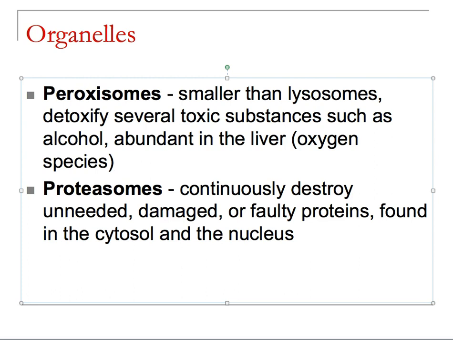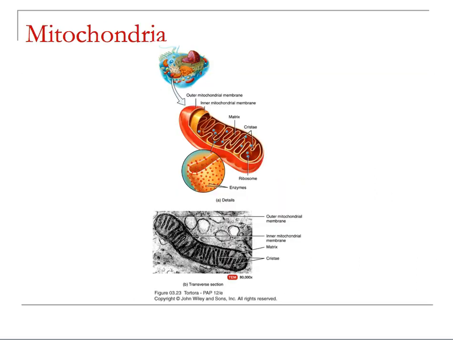A couple more ideas here before we actually get to how the nucleus works, and then we get to gene expression. The first, of course, is going to be the mitochondria. Everybody knows it as the powerhouse of the cell, but what you need to understand is that it's an autonomous organelle. It has its own genome. It is utilizing the oxygen that we're breathing in and intermediates of our glycolytic pathway so it can make ATP for us.